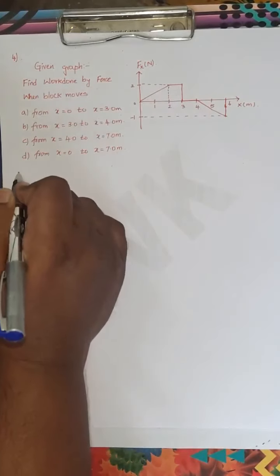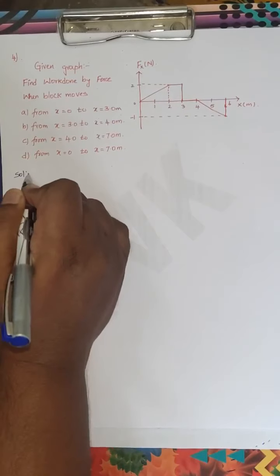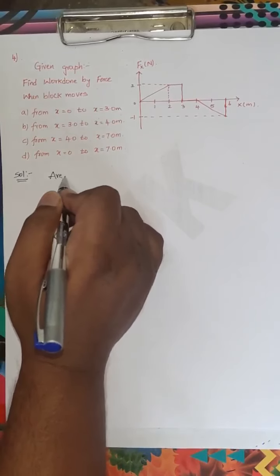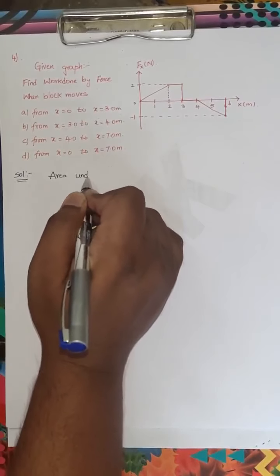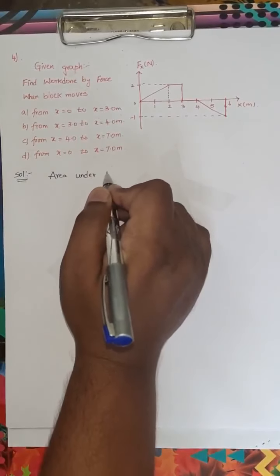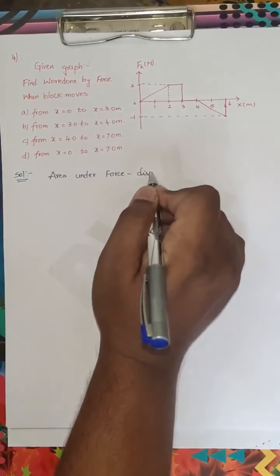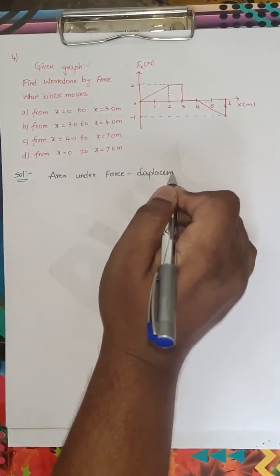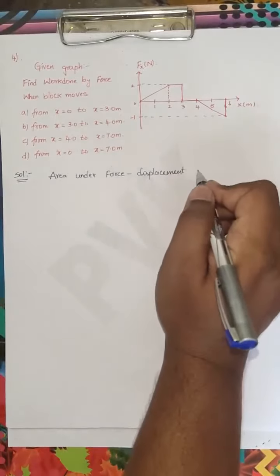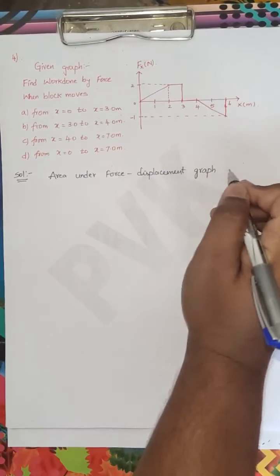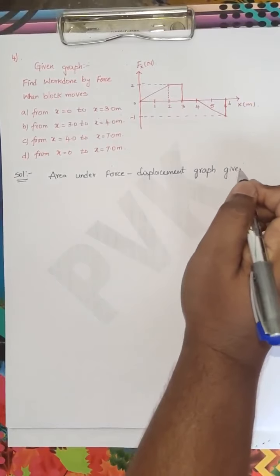What we have just learned from our basics is that the area under the force displacement graph gives you work done. Area under the force displacement graph gives you work done.